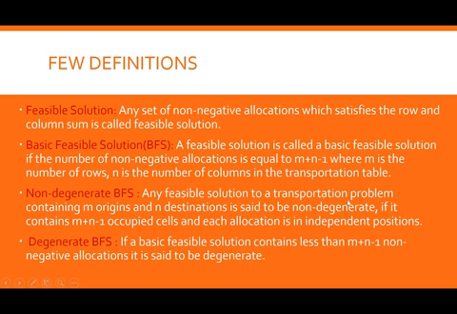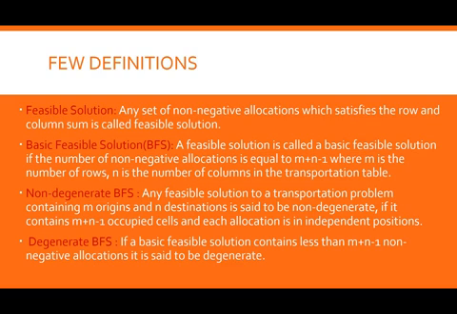Any BFS of a transportation problem with m rows and n columns is said to be non-degenerate if it contains m plus n minus 1 allocations in independent positions. What is meant by independent positions, you will understand in later sessions. As of now, for the definition, a non-degenerate BFS is a BFS where m plus n minus 1 allocations are in independent positions.